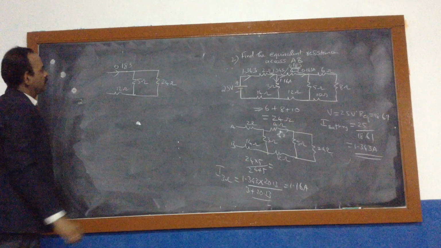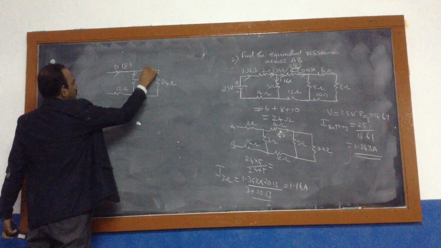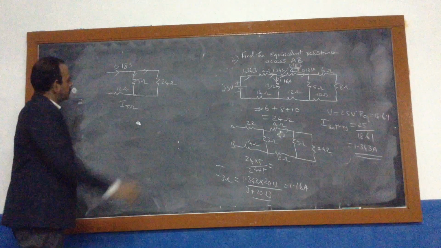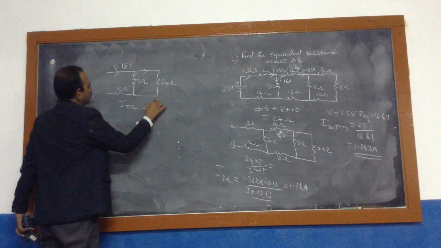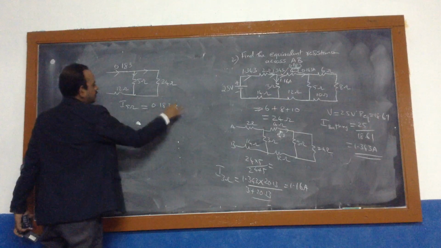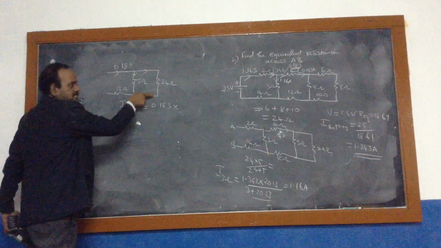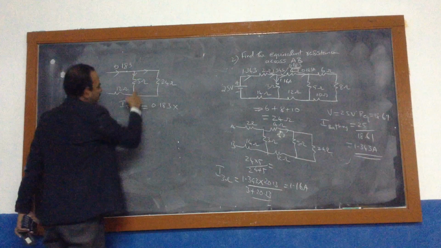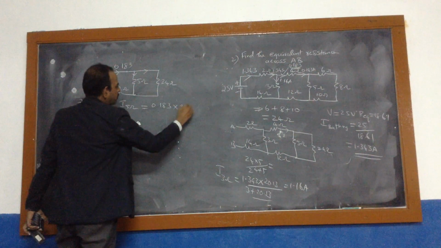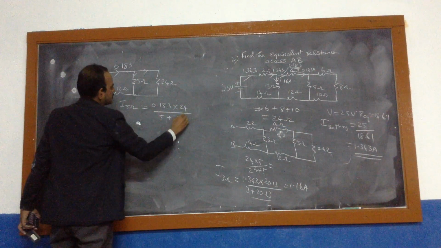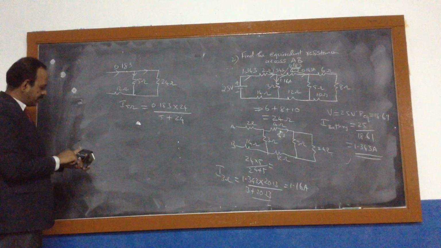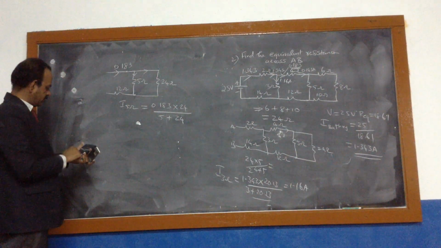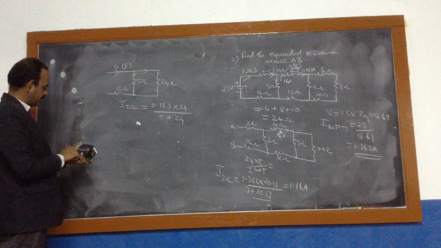Now this 0.183 is divided into 2 branches. We need the current through 5 ohm. The total current here is 0.183. So for these 2 resistances, it is 0.183 into the opposite resistance 24, divided by the total resistance, 29.